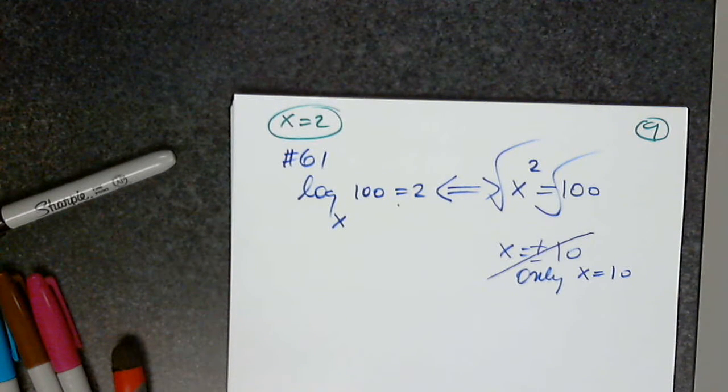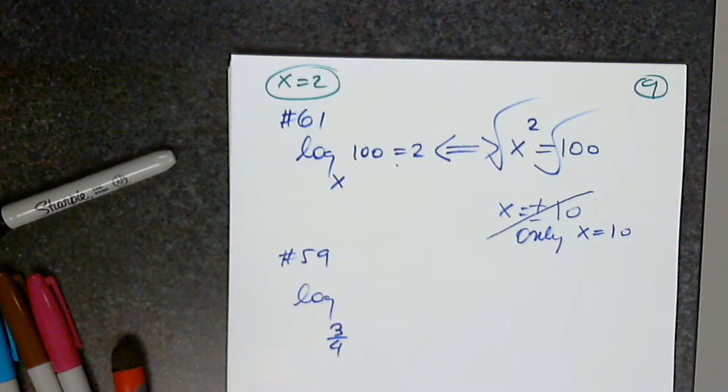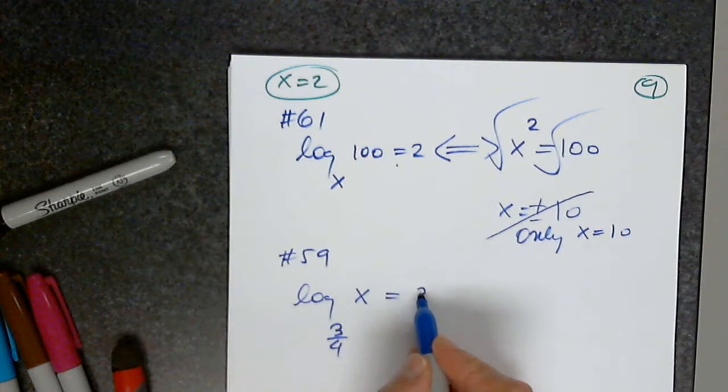Awesome. Okay, so let's say 59. Log base 3/4 of x equals 3.